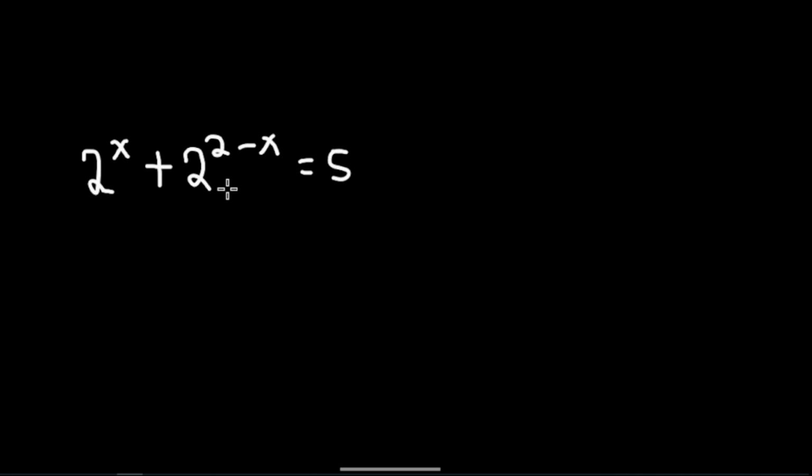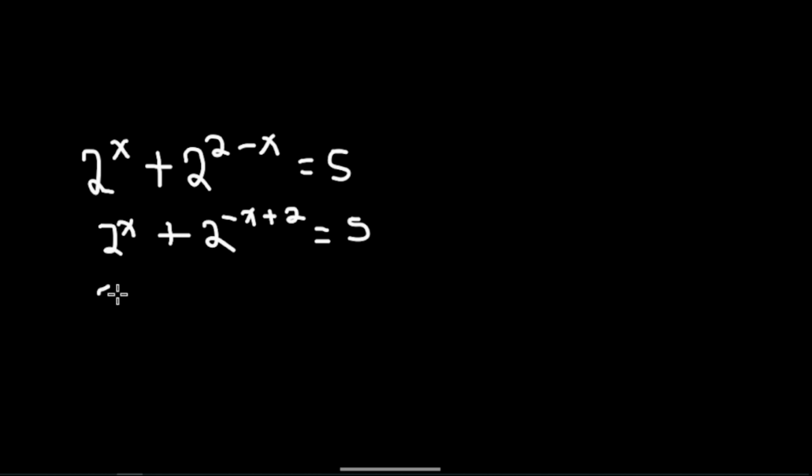Let's make our life easier and say this is 2^x plus, and let me rearrange the power, so this will become 2 to the power negative x plus 2, equal to 5.